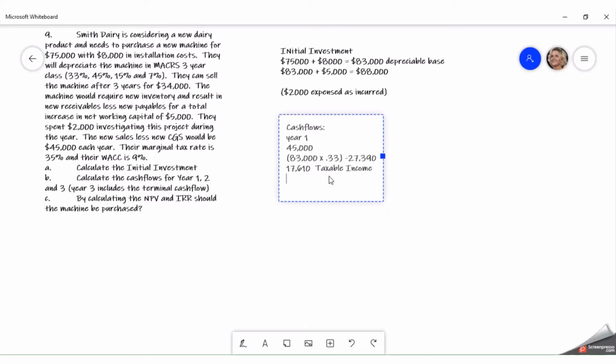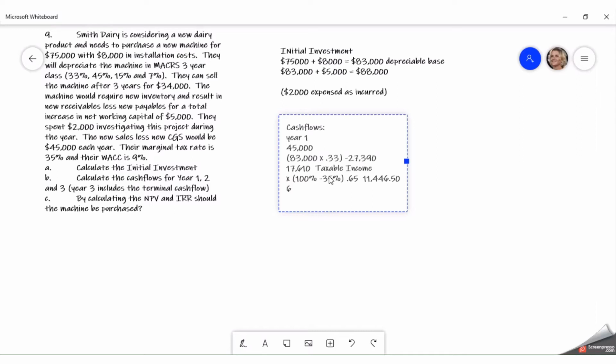And then we are going to multiply that by 65%, because it's a 35% tax bracket. So we're going to multiply that by 0.65. And that gives us $11,446.50.